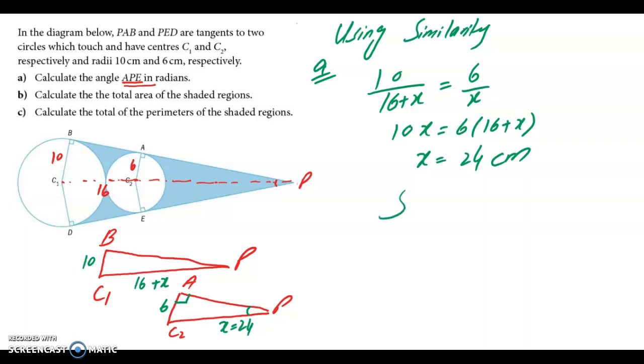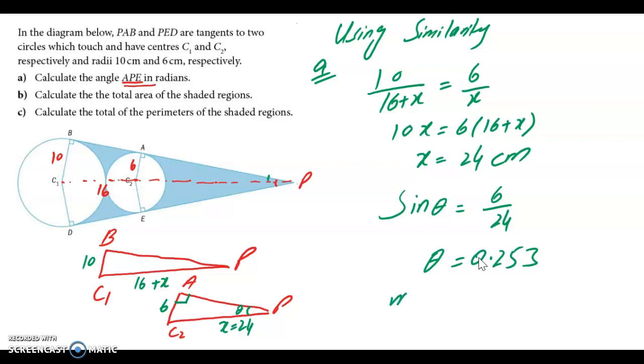Calling this angle theta, sine of theta is equal to 6 over 24, and using the calculator, theta is 0.253.